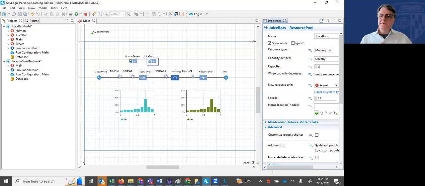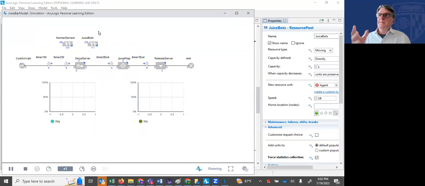So I guess the best comparison here would be between this setup, which is really an MD1 queue, and the original setup, which is an MG1 queue. So let's see how this plays out. Now, notice that the mean service time has gone from being 40 seconds to 50 seconds.